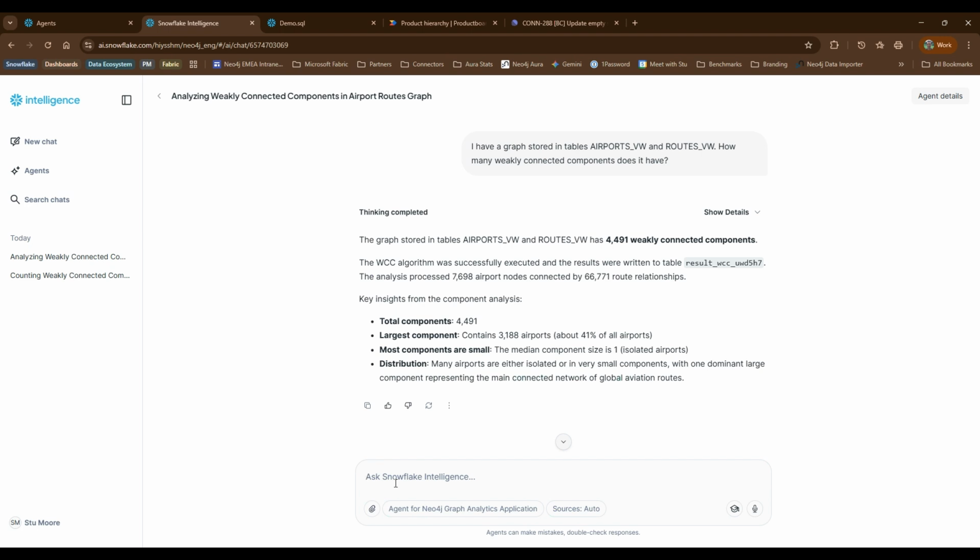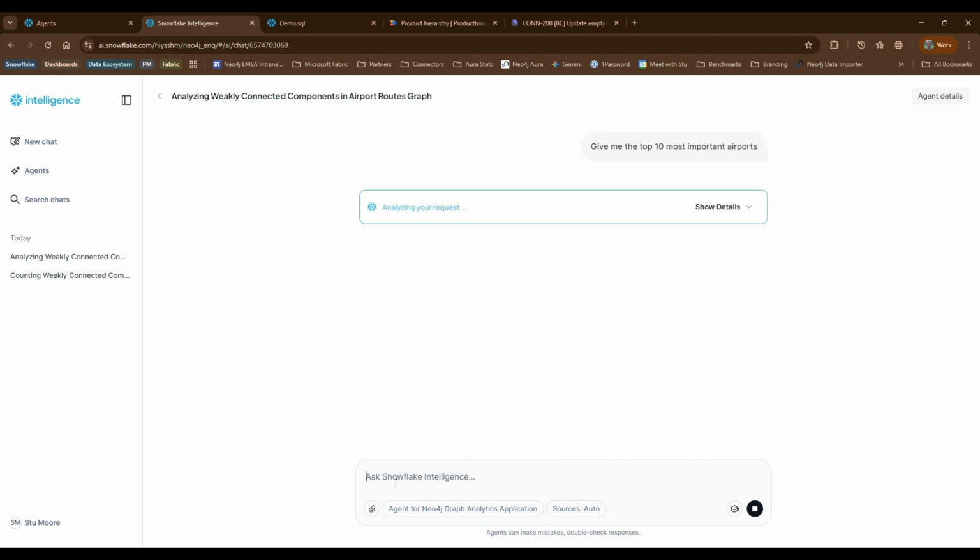Now, that's all good. Now, supposing I want to identify the top 10 most important airports. This time I haven't told it the algorithm I want to run.